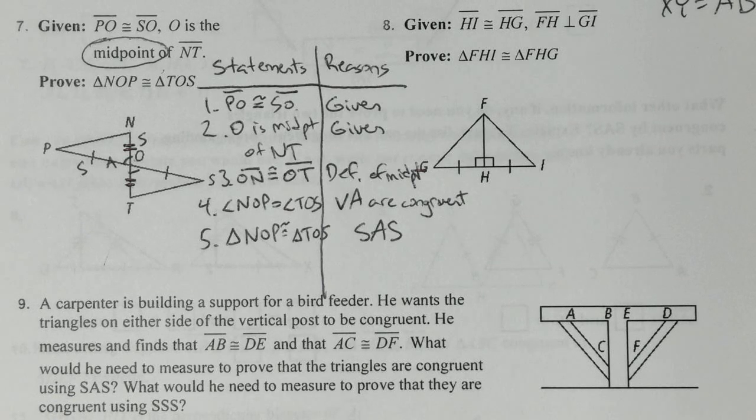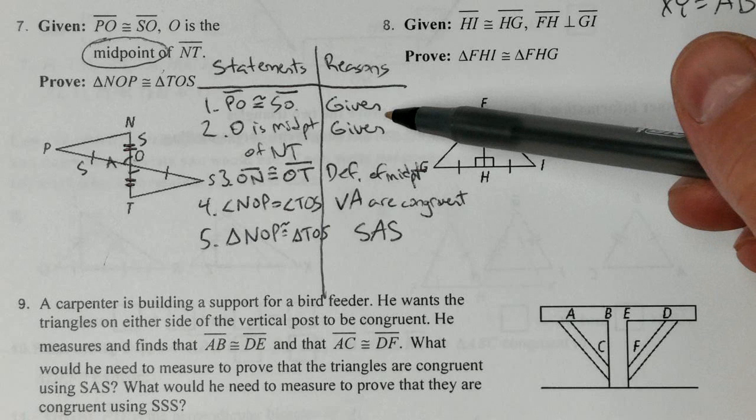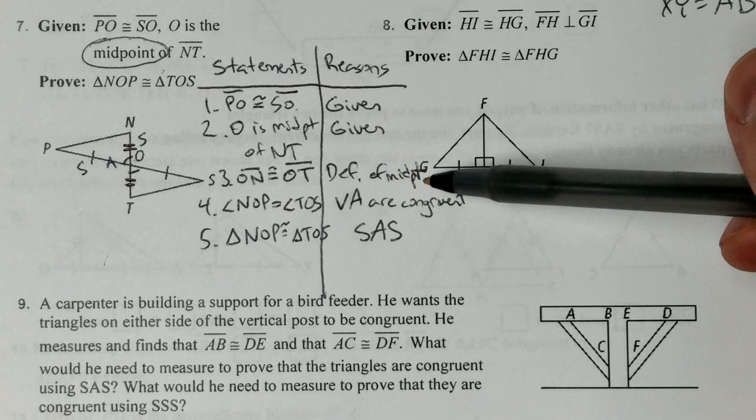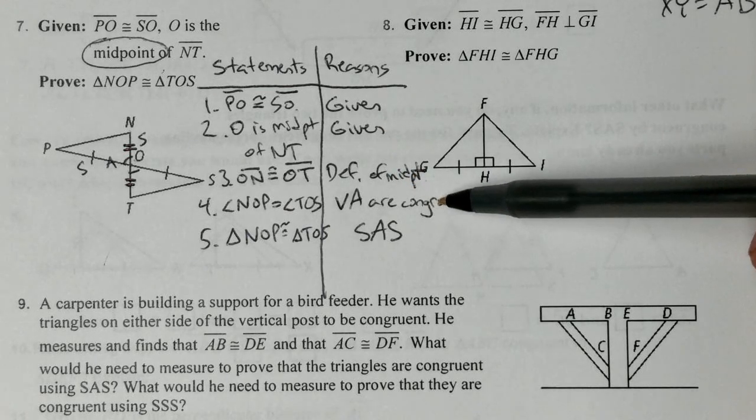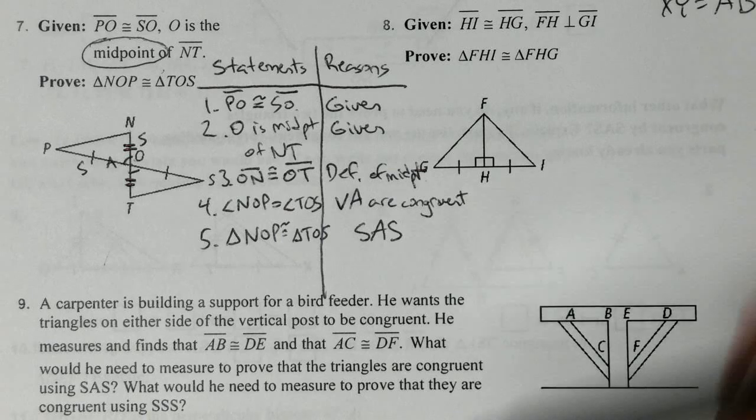And that's the end of our proof for number 7. Any questions? So we have two given statements, then we have the definition of midpoint, vertical angles are congruent, and side angle side.